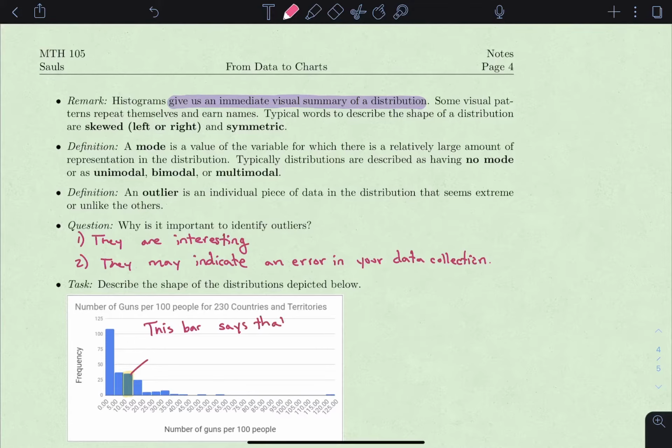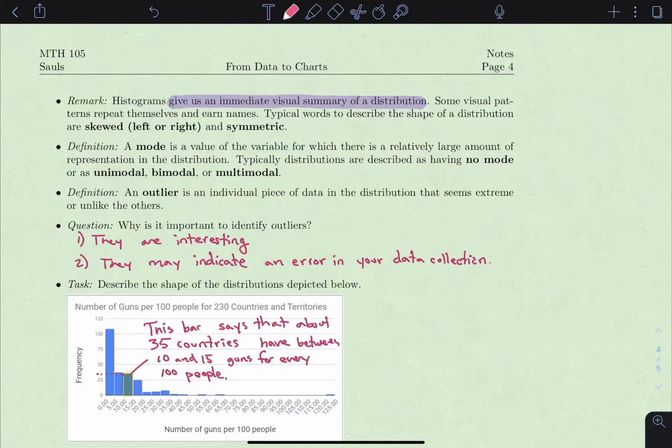About 35 countries have between 10 and 15 guns for every 100 people. So it's not saying how many guns total or how many people total or anything. It's a rate based on how many people you have in the country.